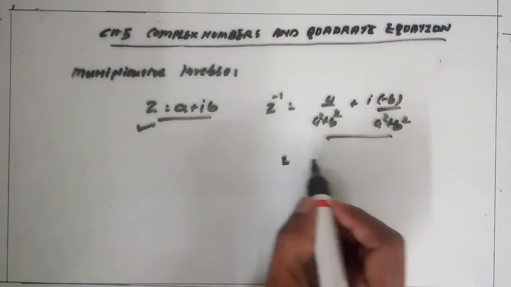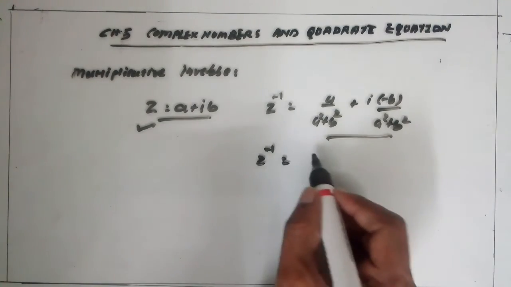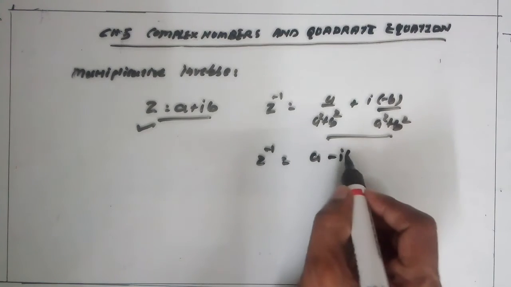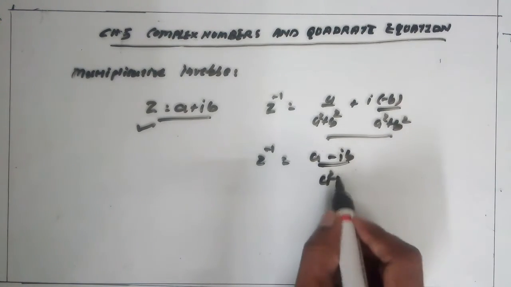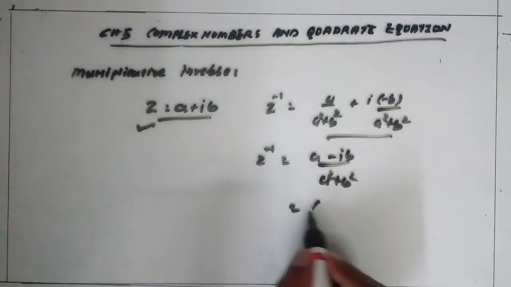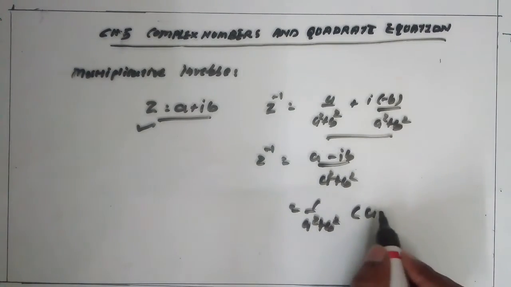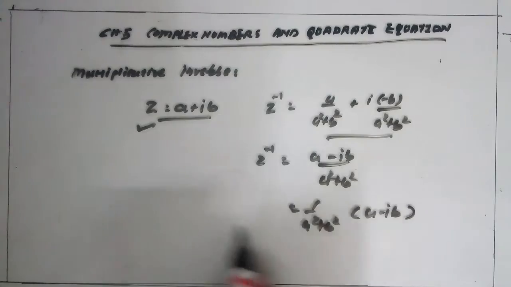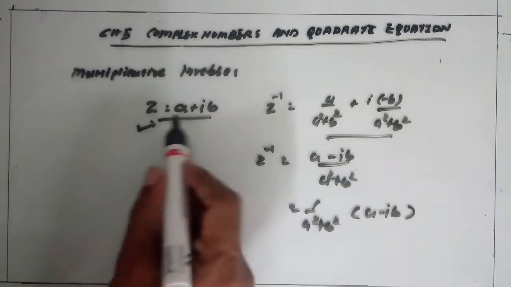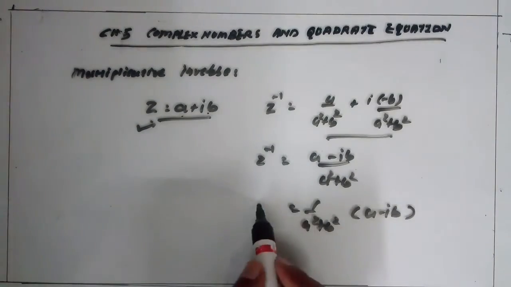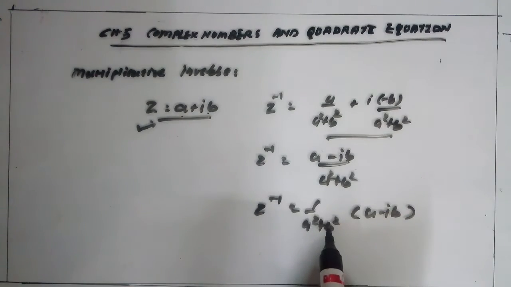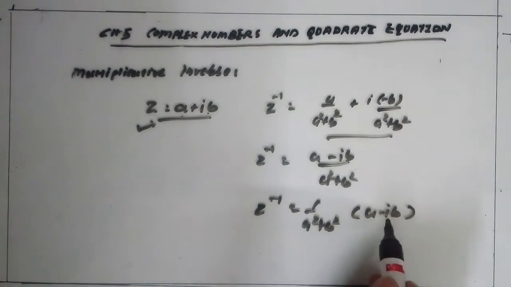In short, z inverse is equal to (a - ib) upon (a square + b square), or 1 upon (a square + b square) into (a - ib). Clear? So for z = a + ib, z inverse is equal to 1 upon (a square + b square) into (a - ib).